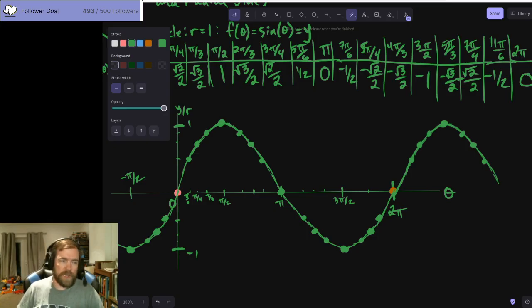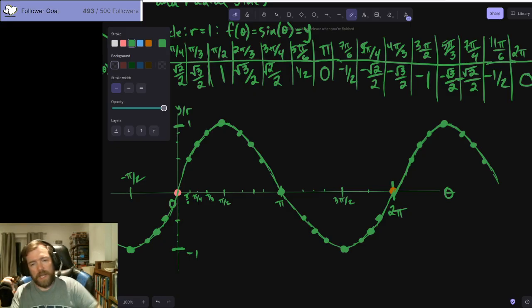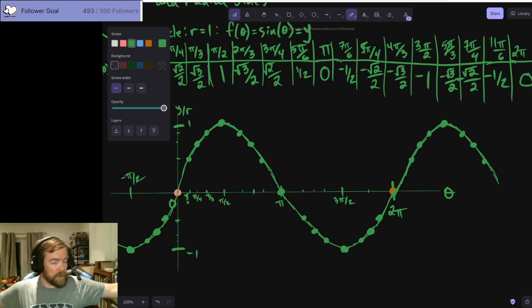No. So there is not a way to get the sine function from using any polynomials directly. You would need to. This is the fun part, right? So you would need to go in and say, I'm going to take a series of polynomials, and it will be an infinite series of polynomials.